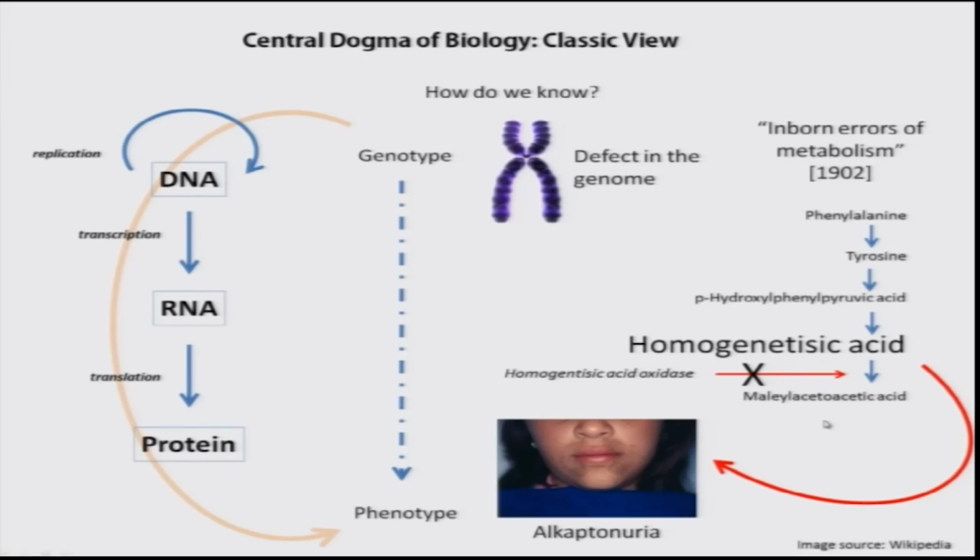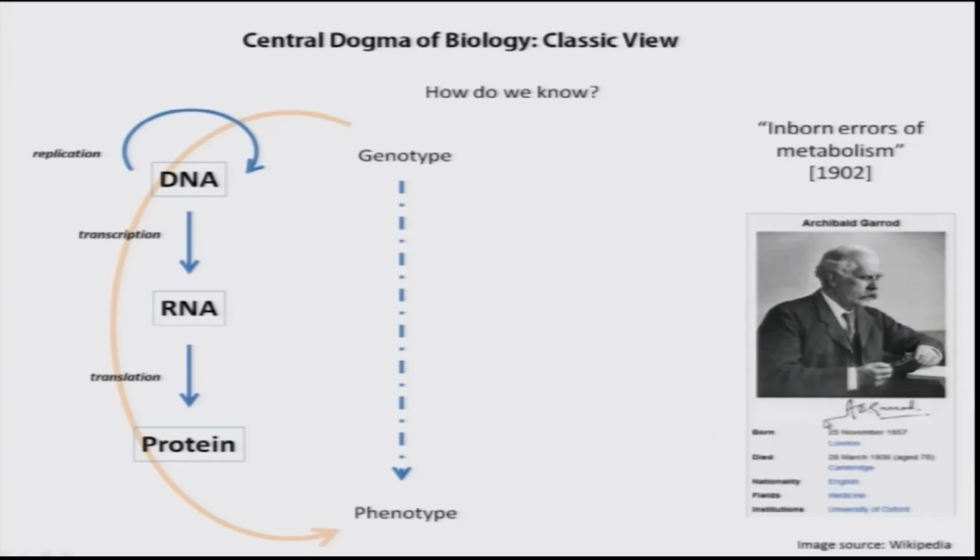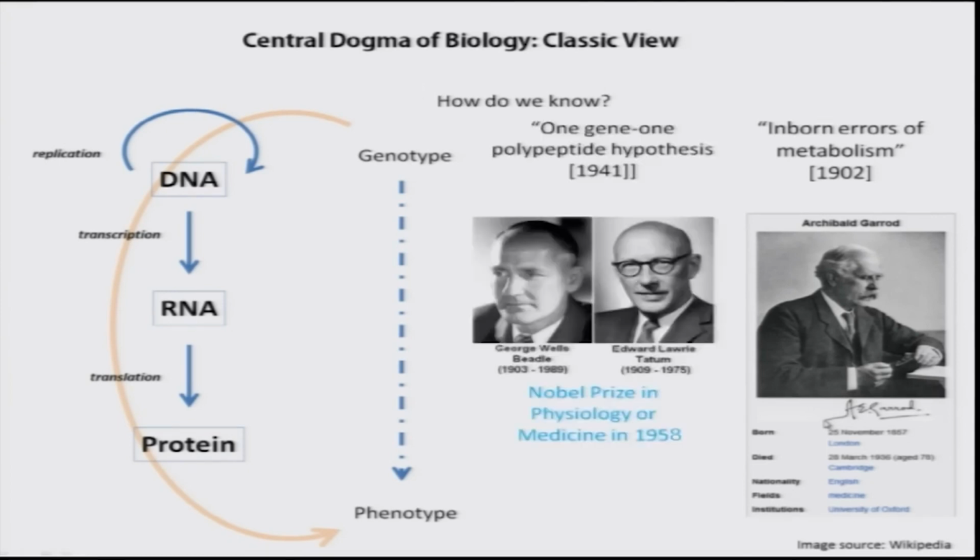We came to know that much later. In that way, he was really a pioneering scientist who contributed much to the current understanding of the central dogma. But his discoveries were not appreciated. It was probably far ahead of its time.